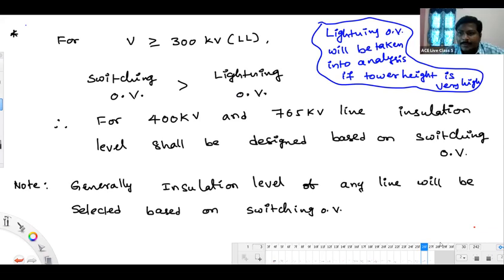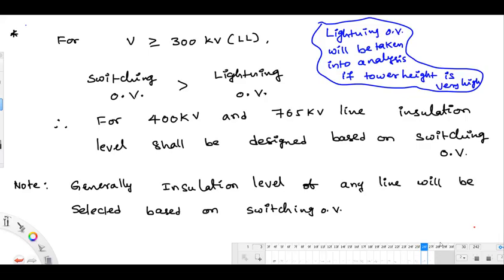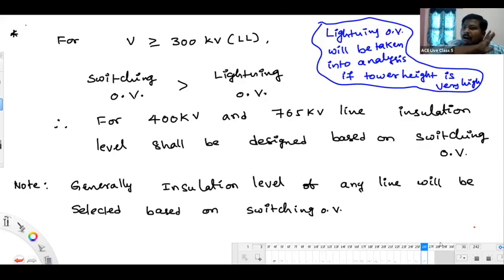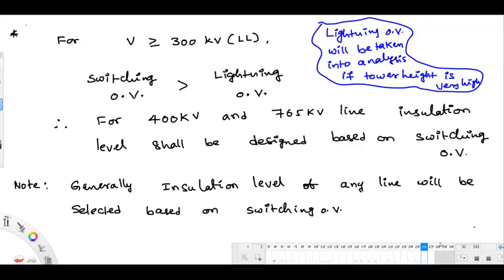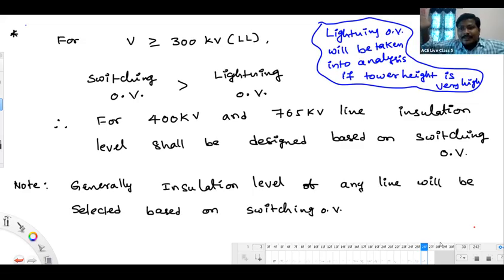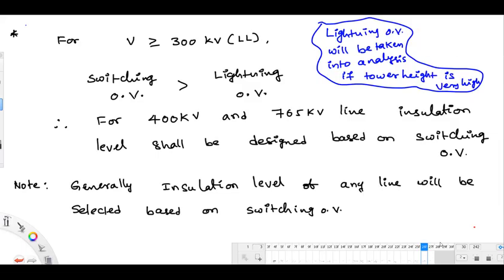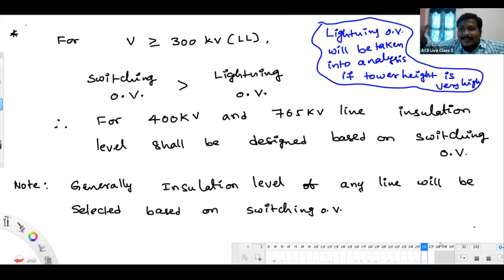Yes, definitely it will damage. But in that view, we can't spend that much capital, right? If you want to design all the insulators based on lightning overvoltage, even for an 11 kV line you have to keep this big size of insulator. Understanding the problem? So obviously your line looks to be very bulky.